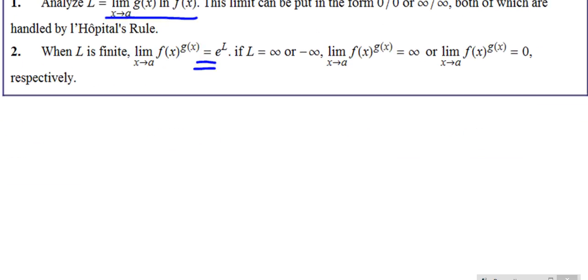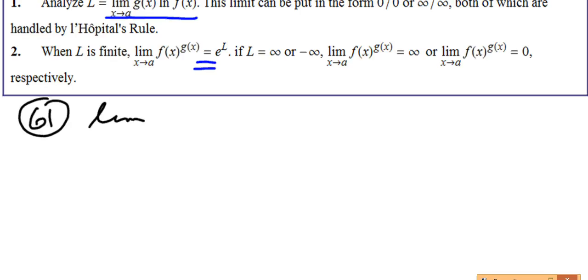We're going to do number 63. I'm sorry, it's going to be 61.